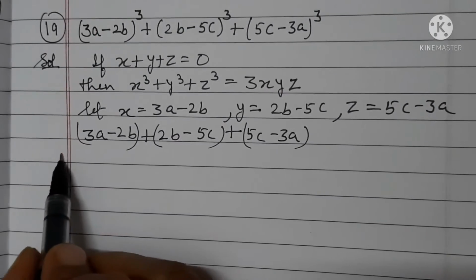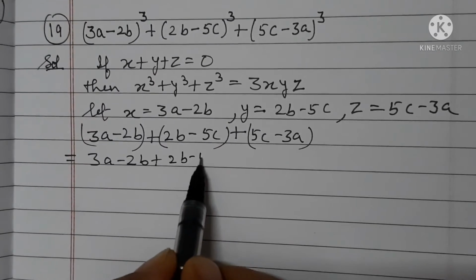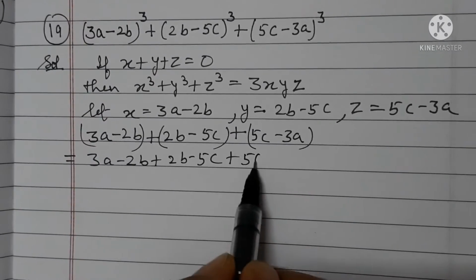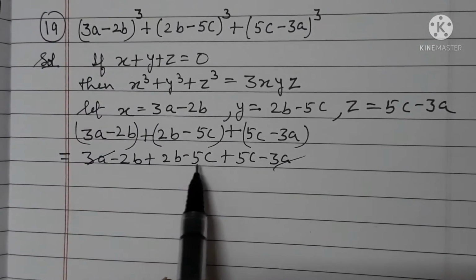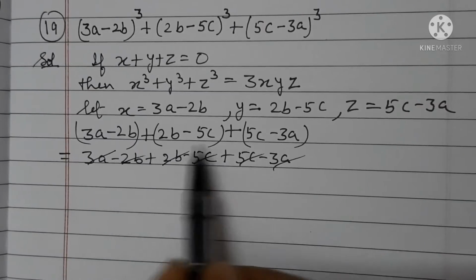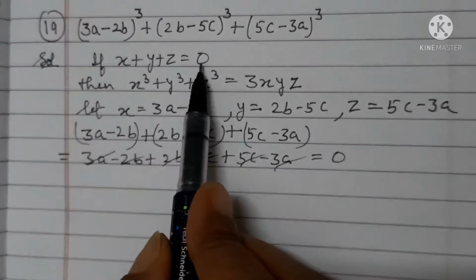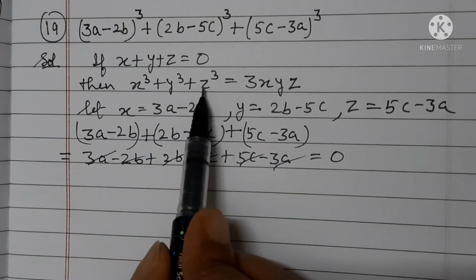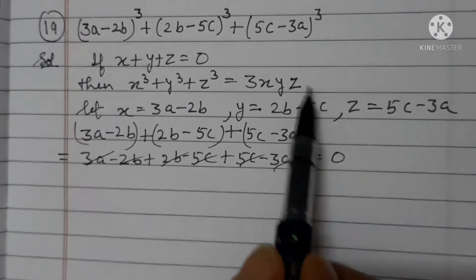See what you will get. 3a minus 2b plus 2b minus 5c plus 5c minus 3a. 3a cancels, 5c cancels, and 2b cancels. You will get 0. It means x plus y plus z is 0, then x cube plus y cube plus z cube will be 3xyz.